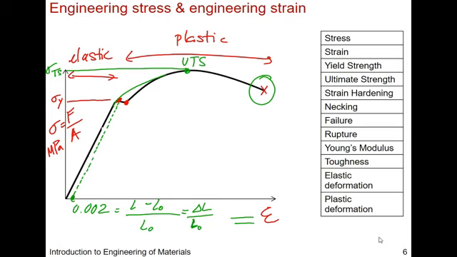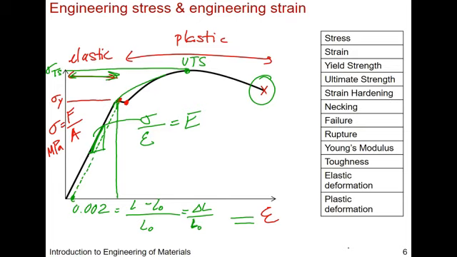Okay, then we talk about Young's modulus. We'll talk about the relationship of this slope. So in the elastic region, let's say here, the slope of this is your Young's modulus. Okay, so we'll talk about Young's modulus and how stiff a material is based on this slope.